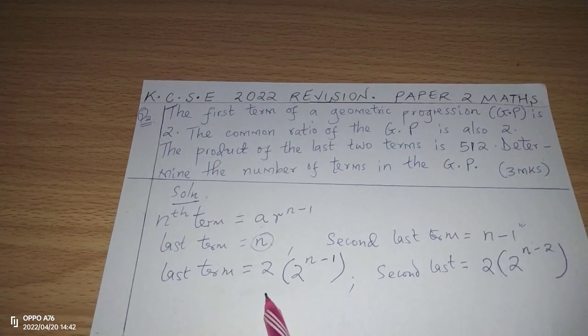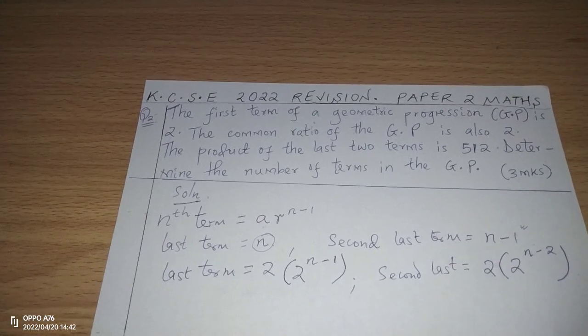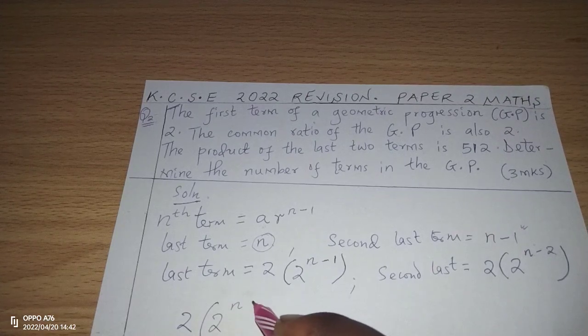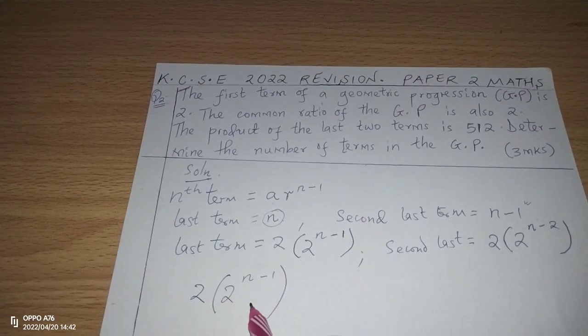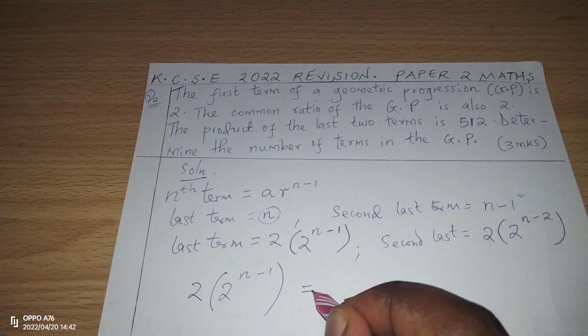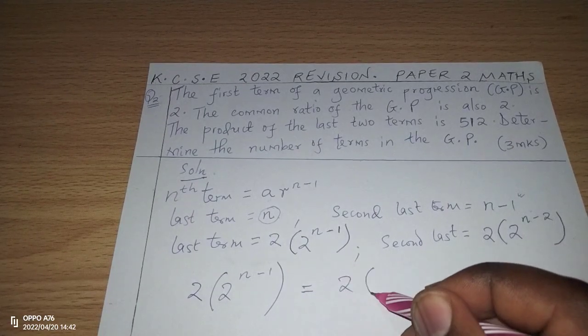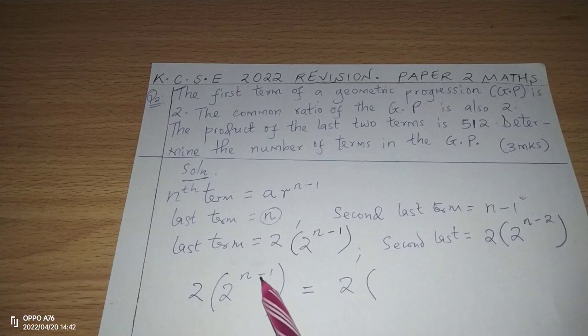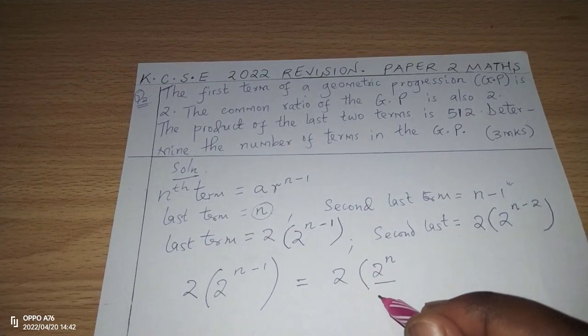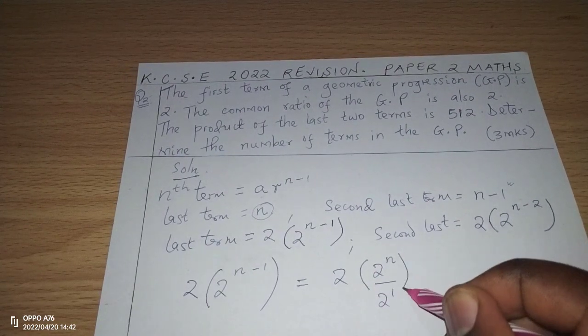So now we are told that the product of the last and the second last gives us 512. Therefore, 2 into 2 raised to n minus 1. We can first of all simplify this term before we go to the multiplication part. In simpler terms, we can have 2, then in brackets, 2 raised to n divided by 2 raised to 1.